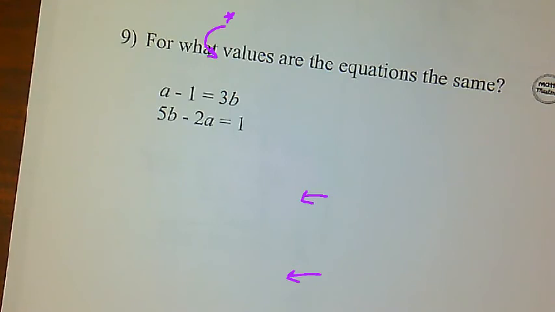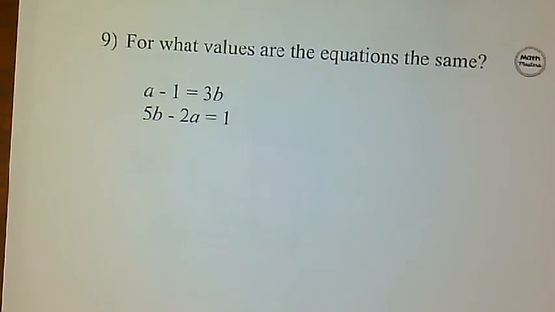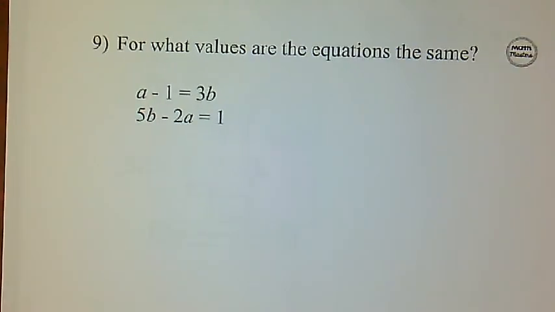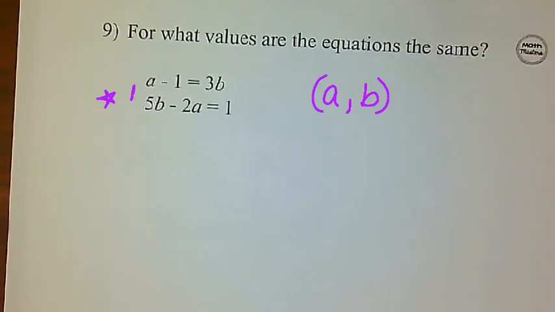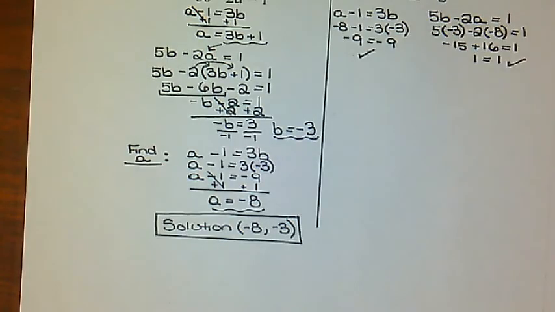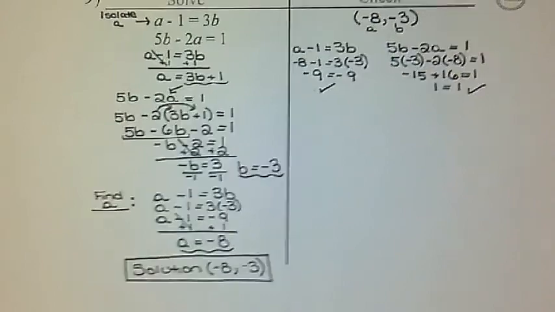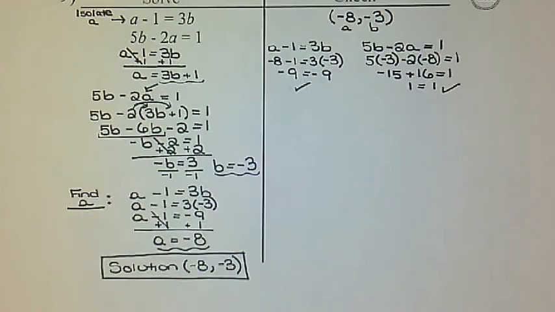For our last one, we do have another example that has A's and B's. So don't forget that we are always going to write our solution alphabetically. So for this one, when you find your final answer, again, it needs to be A, B. I see a coefficient of 1 in front of this one, so I'm definitely going to solve the first equation. When I solve for the first equation, here's what I get.